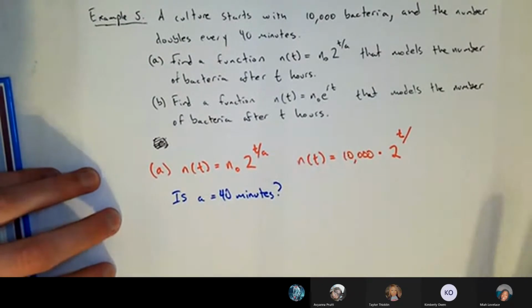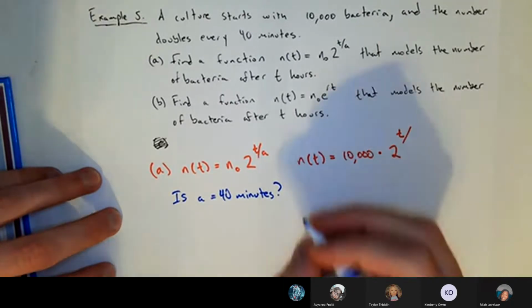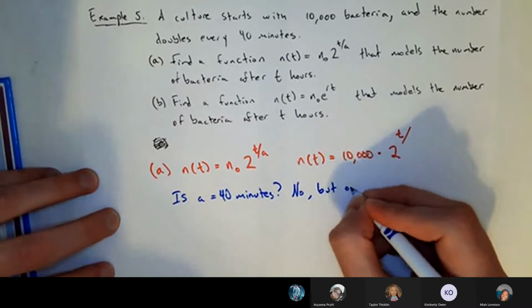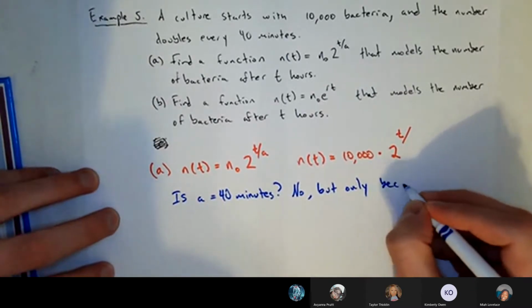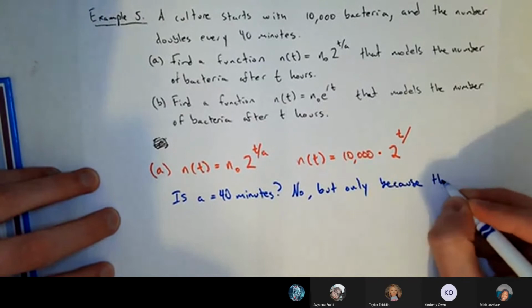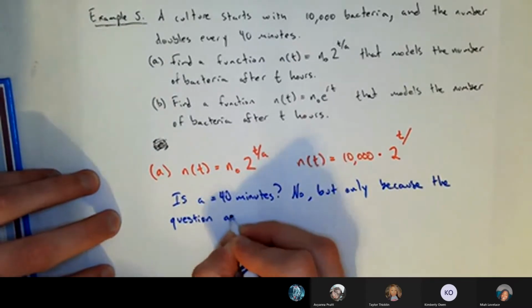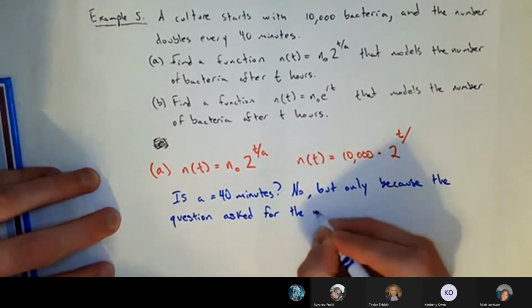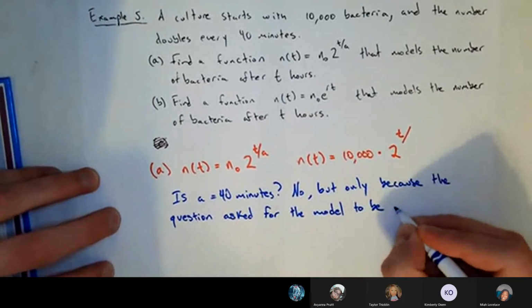So yes, a could be 40 minutes, but the answer in this case is actually no, but only because, why is that? It's a subtle thing, but only because the question asked for the model to be measured not in minutes, but in hours.